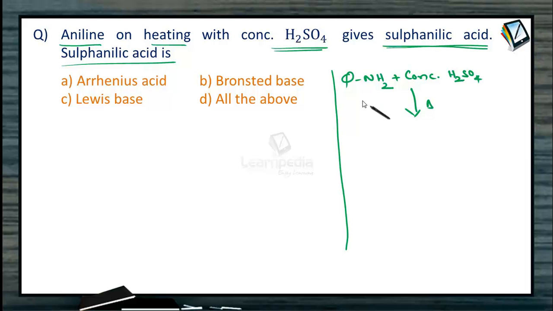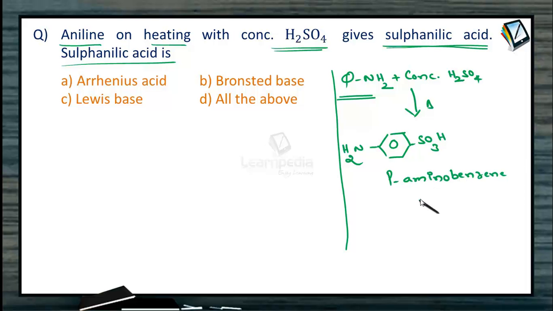So this aniline, benzene amine, aminobenzene C6H5NH2 reacts with concentrated sulfuric acid on heating to give what is called para-amino benzene sulfonic acid, with the NH2 group here. So this is known as para-amino benzene sulfonic acid and is known as sulfanilic acid.